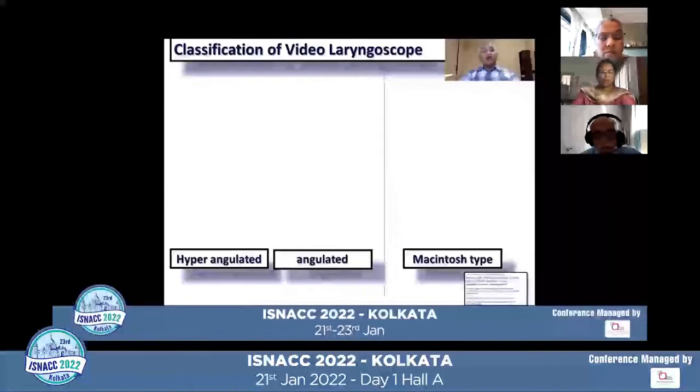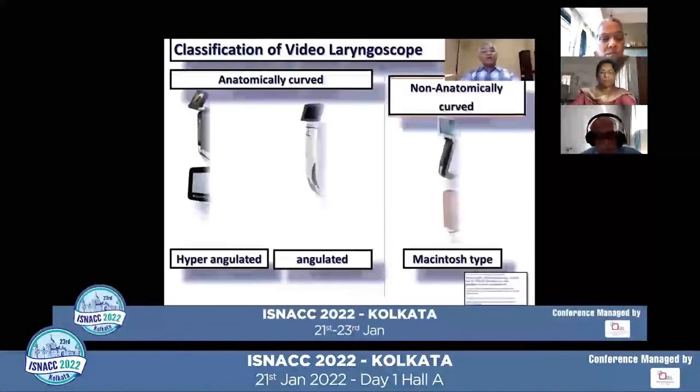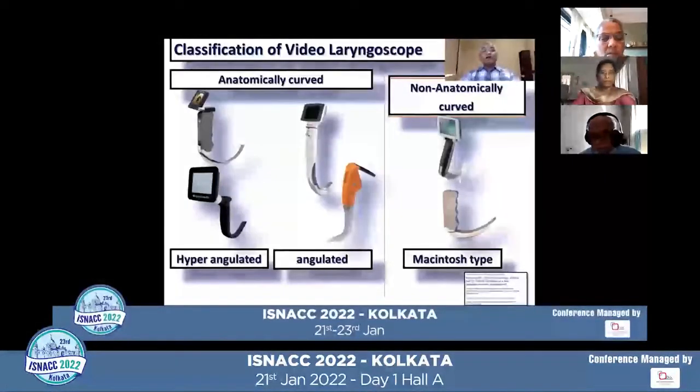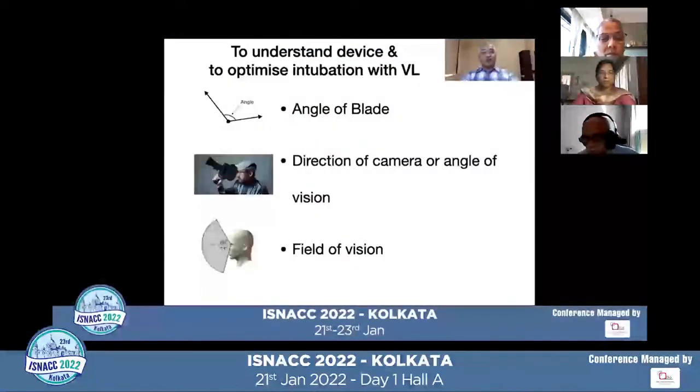So video laryngoscopes can be classified as anatomically shaped and non-anatomically shaped. Anatomically shaped can be hyperangulated or angulated channel video laryngoscopes, and non-anatomically curved could be the Macintosh type of video laryngoscope. To understand the device and optimize intubation with the video laryngoscope, you have to understand the angle of the blade, which you have already understood.